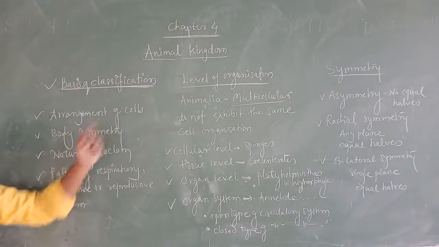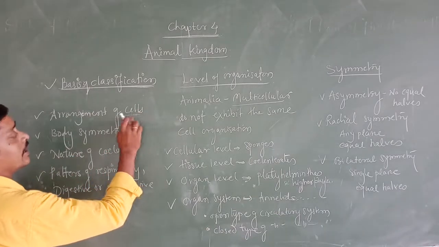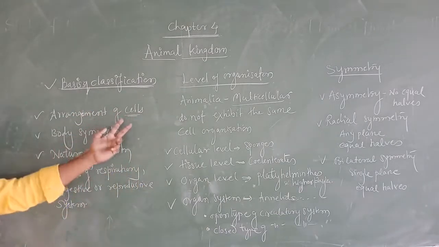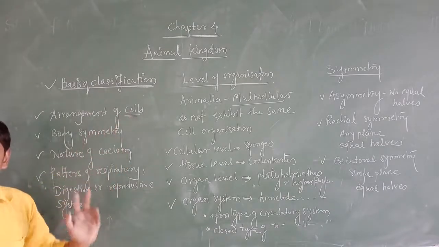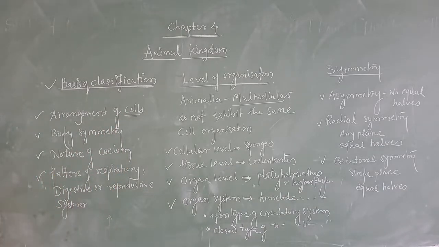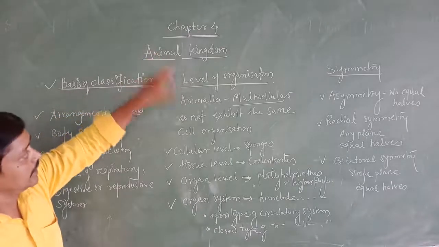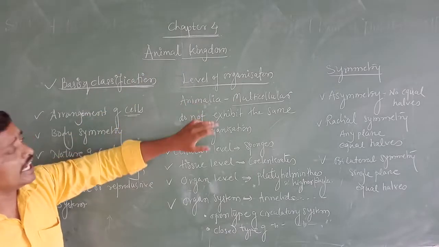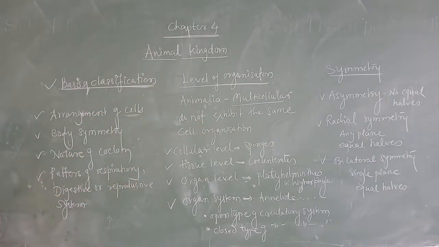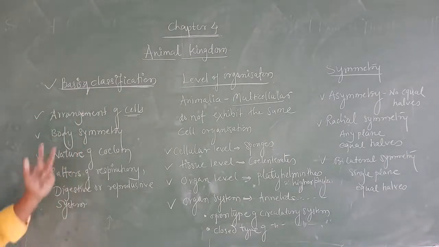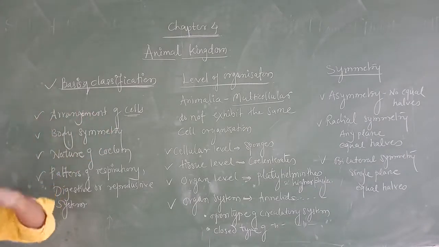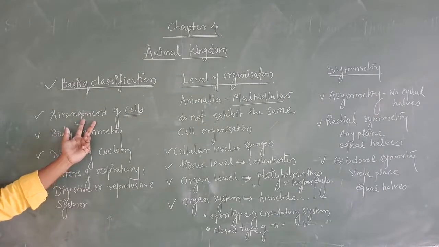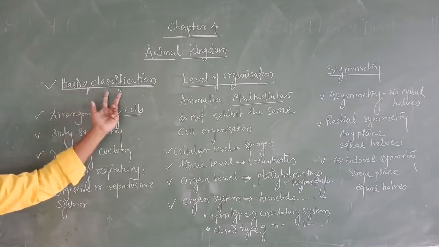Cell is singular, cells is plural. The cell is the fundamental unit of life. In kingdom Animalia, all the organisms are multicellular. So in the basis of classification, we study how the cells are arranged.